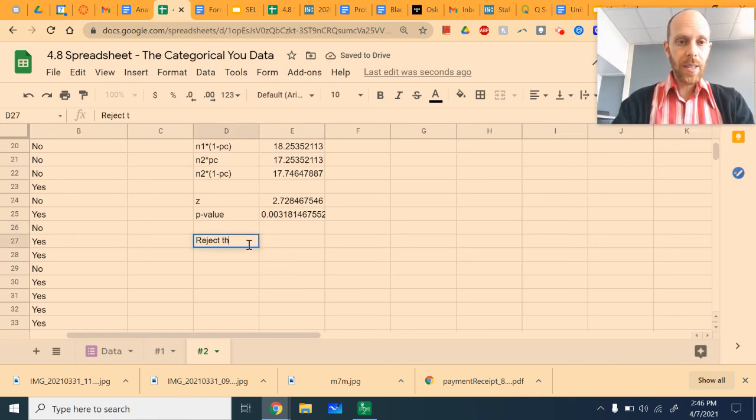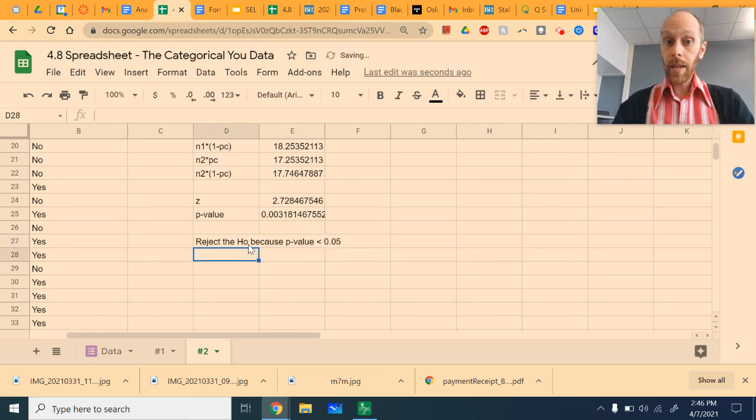Conclusion, reject the null hypothesis because our p-value is smaller than 0.05, our significance level.